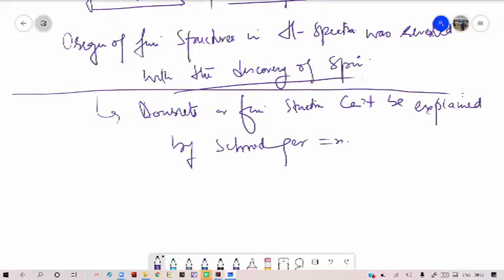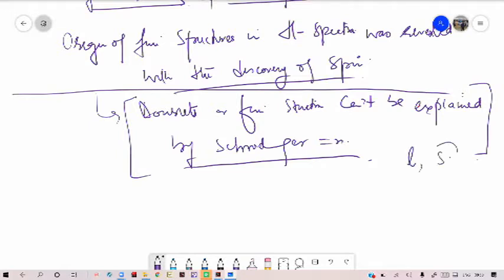The doublets in the hydrogen spectrum could not be explained using the Schrodinger equation, because if you look at it, you will only find L, not S, and you will not find an interaction between L and S, L dot S. So the Schrodinger equation was not able to explain the fine structure of the hydrogen spectra.